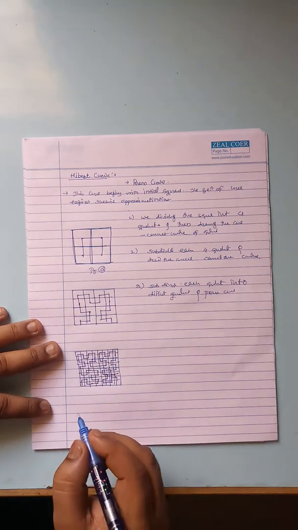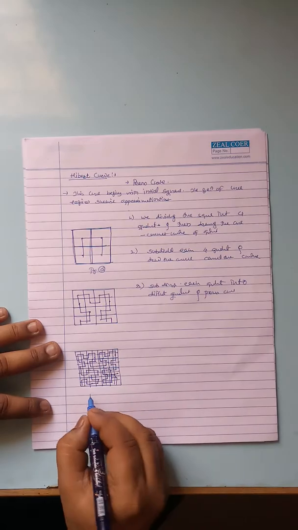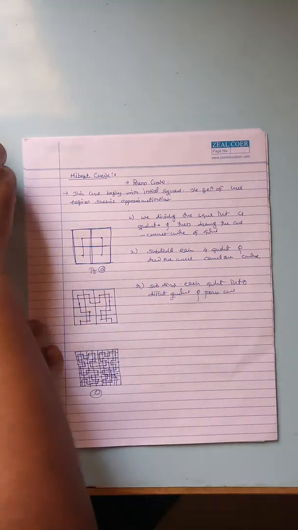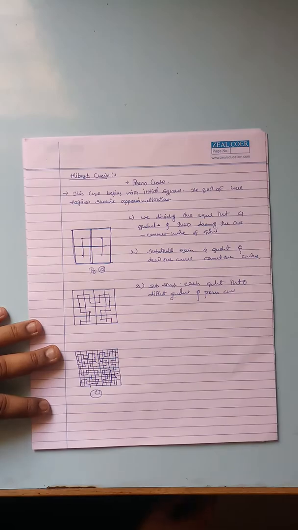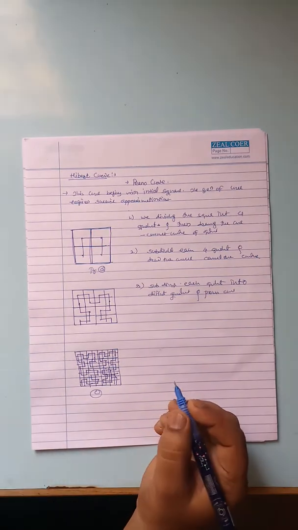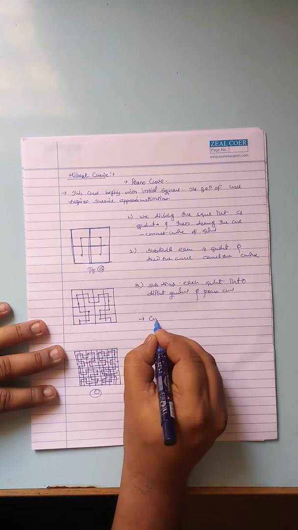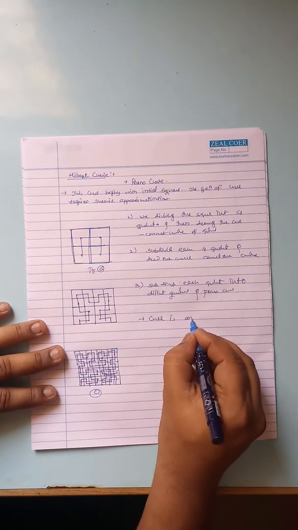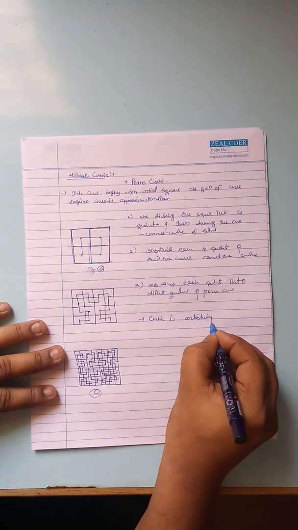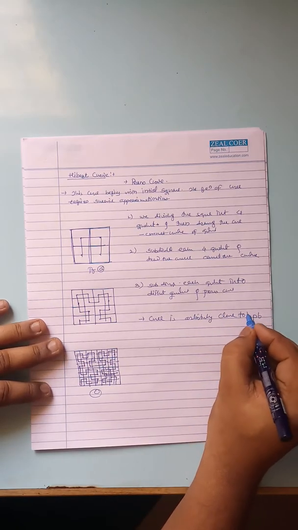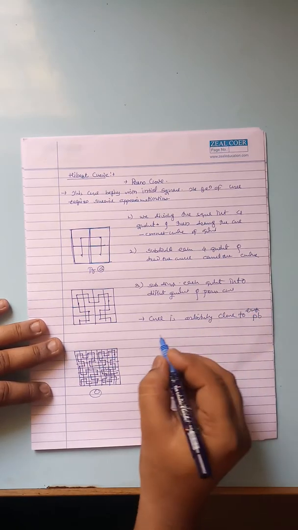So by using this way, looking carefully, we will come to know that the curve does not overlap at any point. When we consider this, the curve comes arbitrarily close to every point in the sequence.